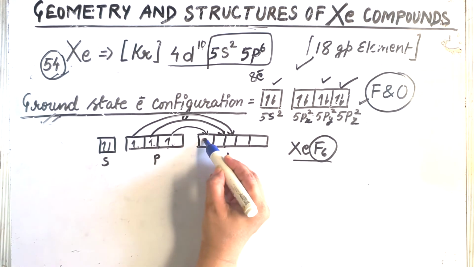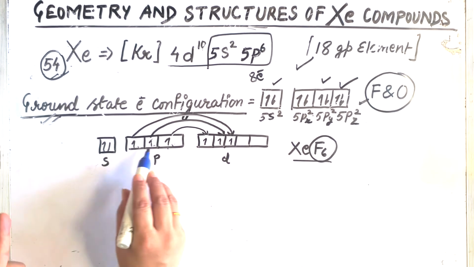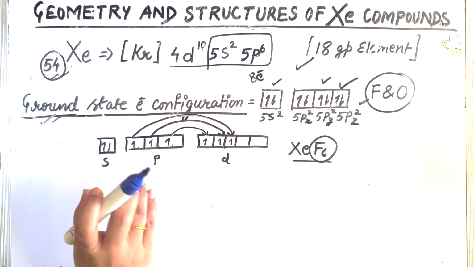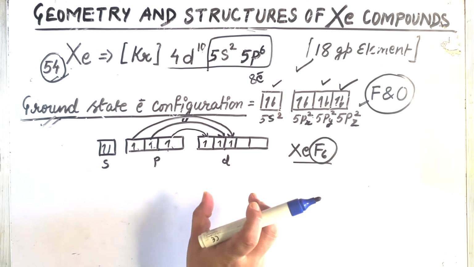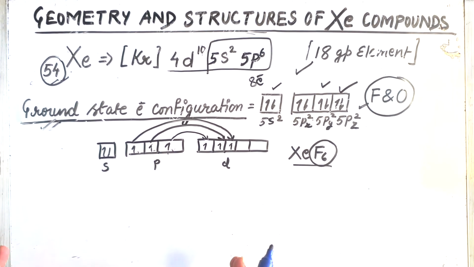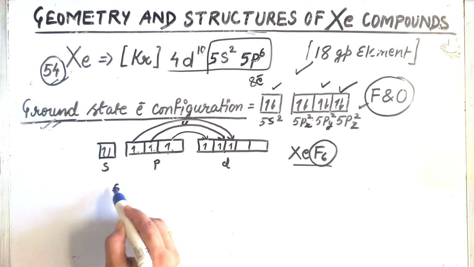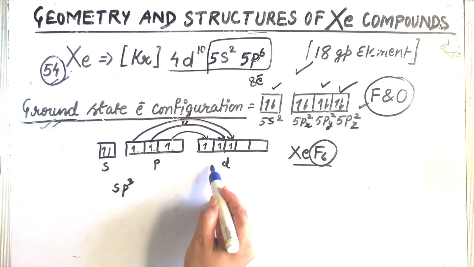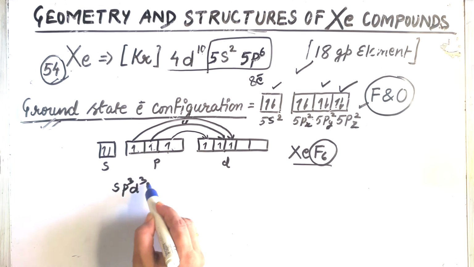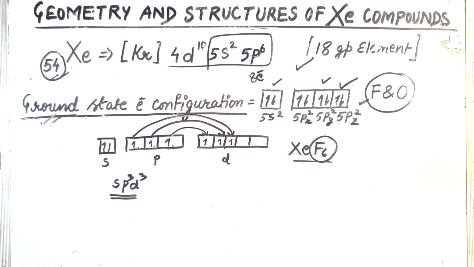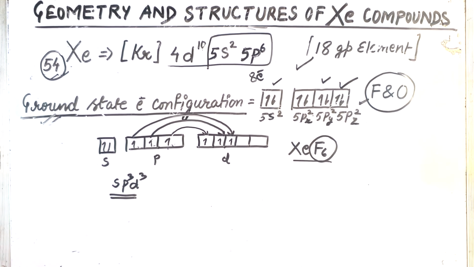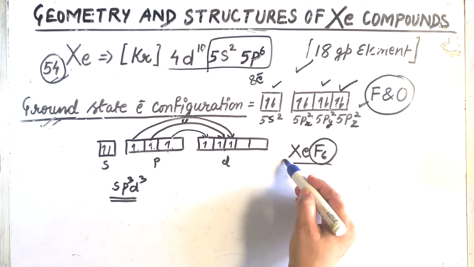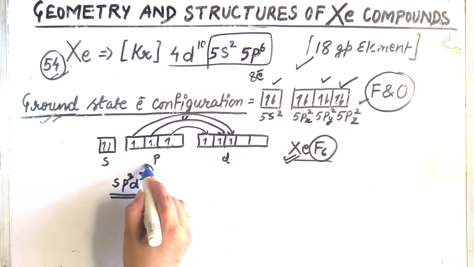So this way 1, 1 and 1 from each P, 3 P electrons are now jumped to the 3D orbitals, and the configuration becomes this. And just because we are involving one of the S, 3 of the P and 3 of the D, the hybridization state of the xenon in the making of XeF6 becomes sp3d3.